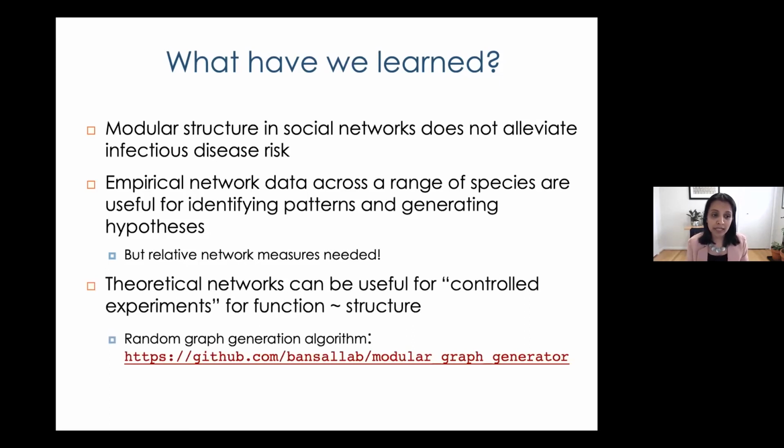We also think that approach becomes quite powerful when it's paired with a theoretical approach in which you can essentially do controlled, systematic experiments to better understand how function relates to structure. And I've got a link here to the random graph generator that I spoke about a few slides ago.